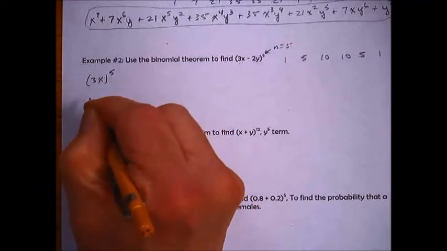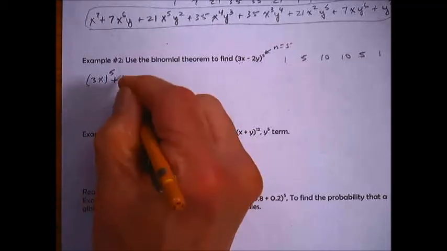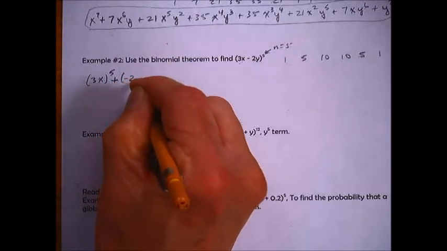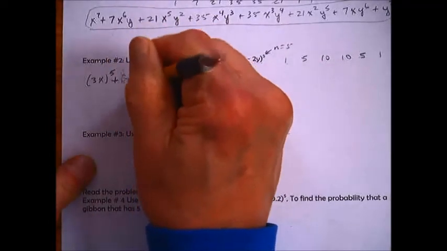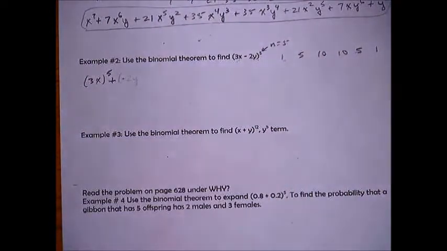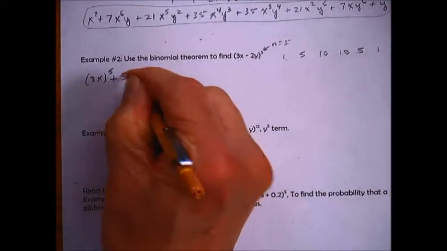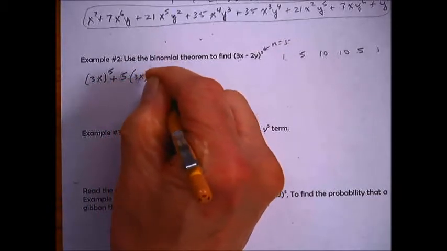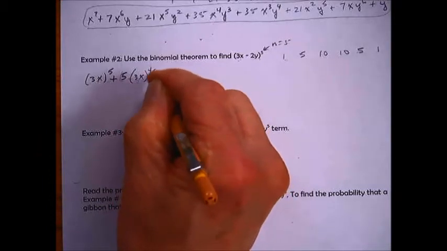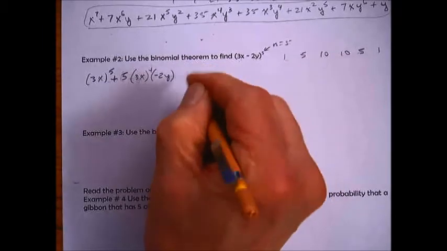Then it's going to be plus a negative 2y. Let's go back. Sorry. Our coefficient is going to be 5. And our x's are going to be 3x, going down to the fourth, and then our y's are going to be negative 2y to the 1 power, so it's just negative 2y.